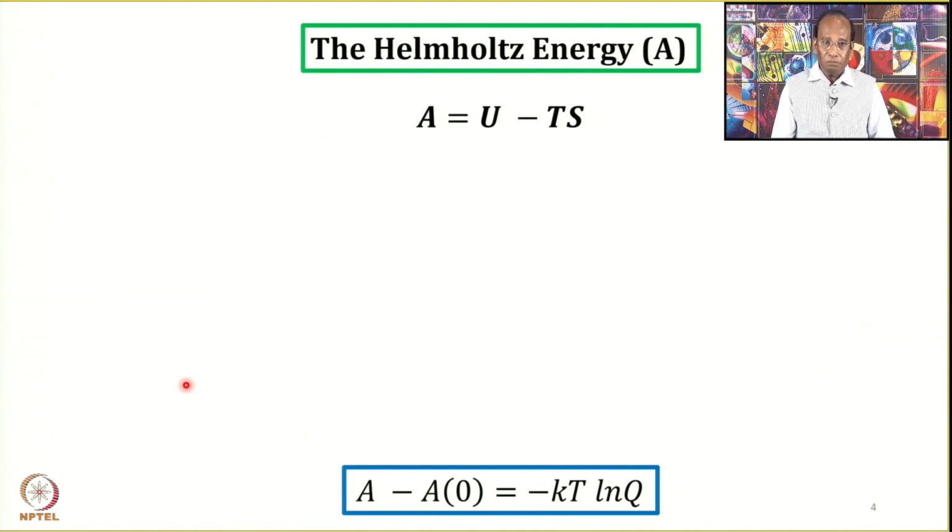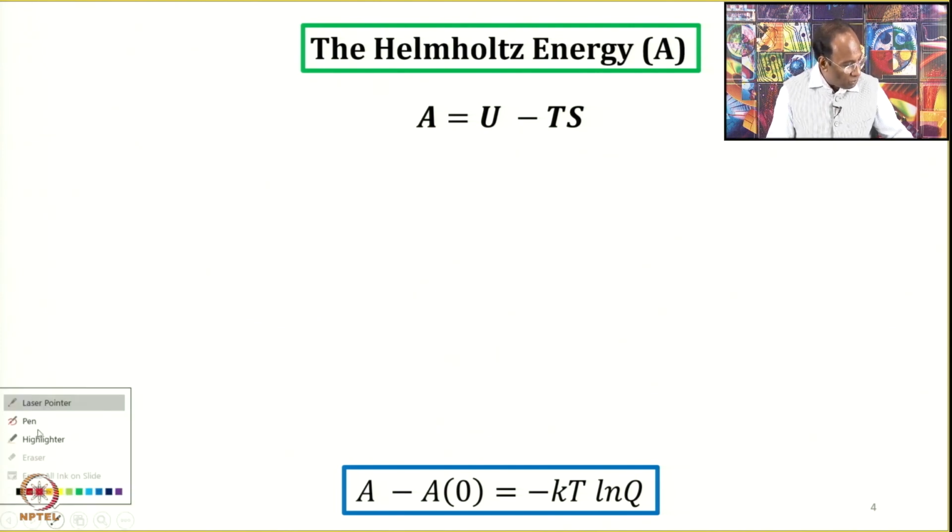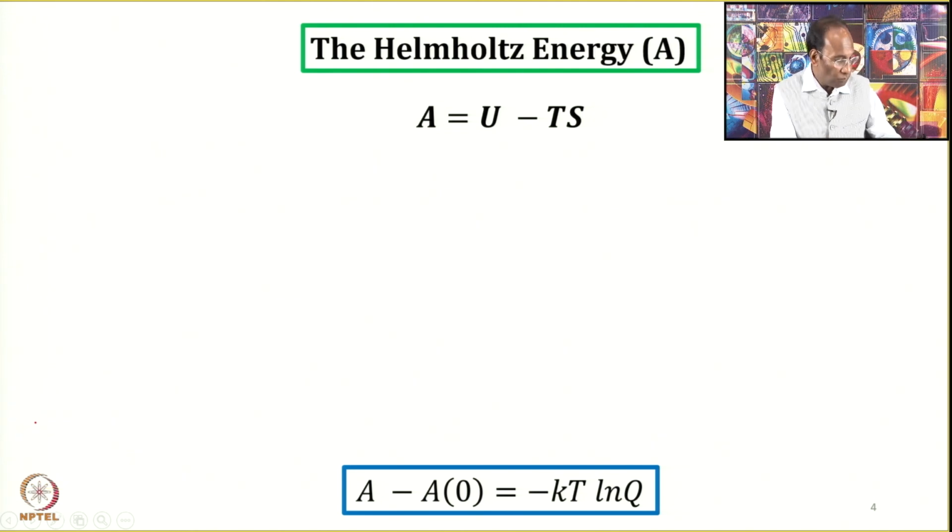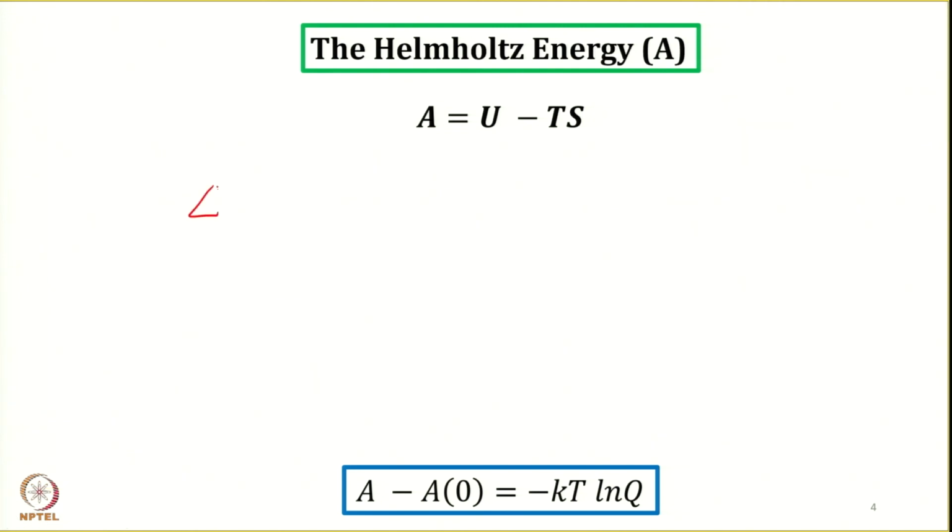All right. So, continuing the discussion further, delta A is a maximum work that can be drawn from the system, inclusive of pressure volume and non-pressure volume.